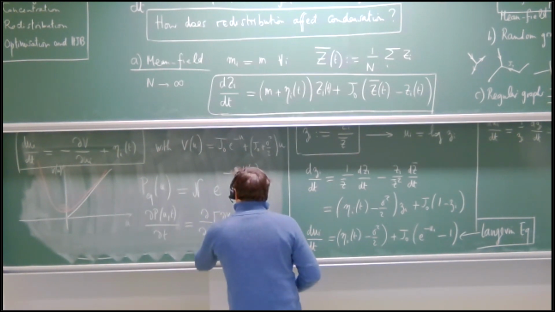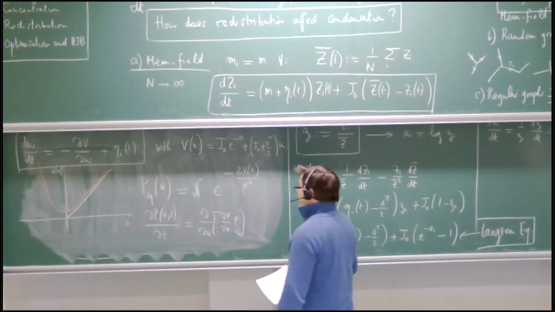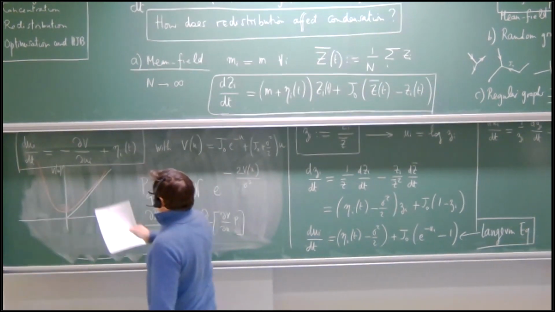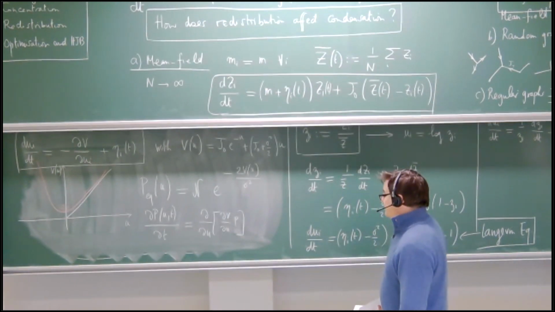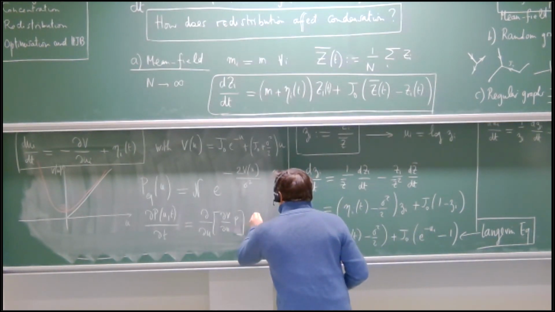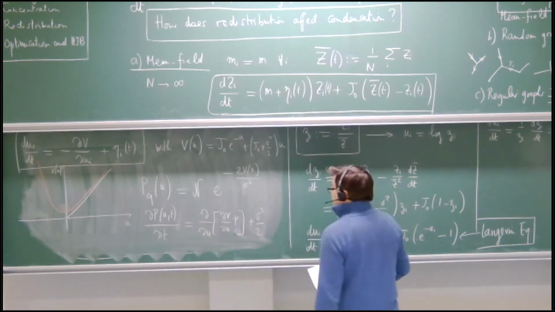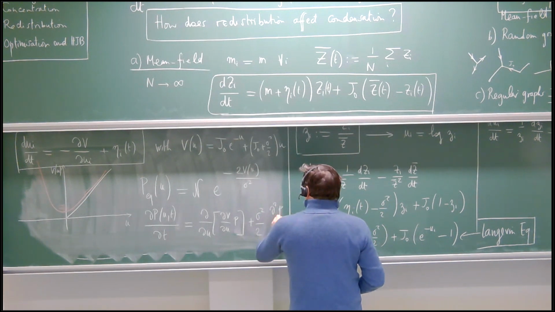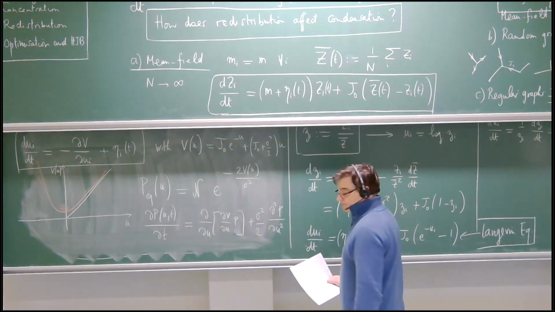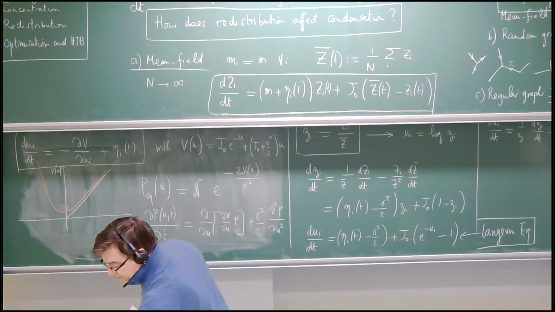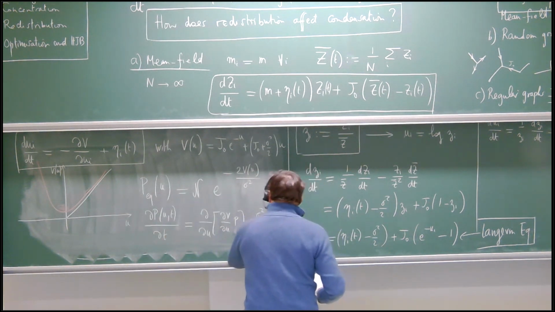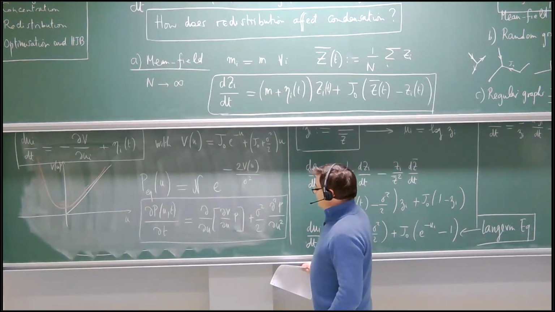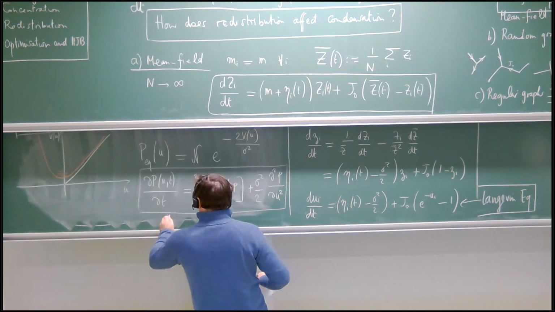For the Langevin equation I just wrote, the general shape of the Fokker-Planck equation is ∂P/∂t = ∂/∂u (dV/du P), which is called the drift term, coming from the deterministic force, plus the so-called diffusion term, coming from η, the Langevin term, σ²/2 ∂²P/∂u². So this is called the Fokker-Planck equation.